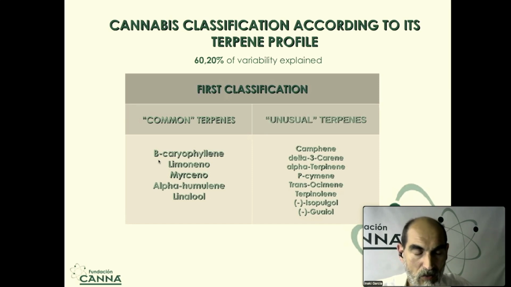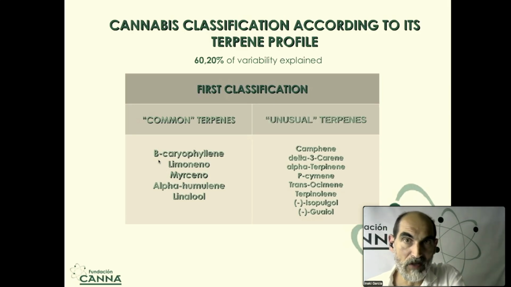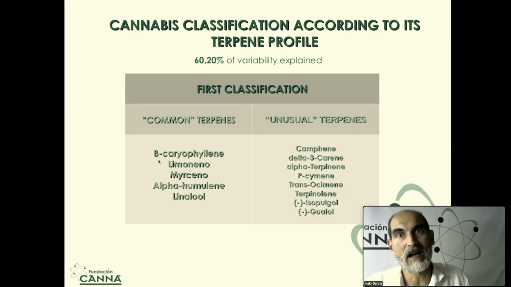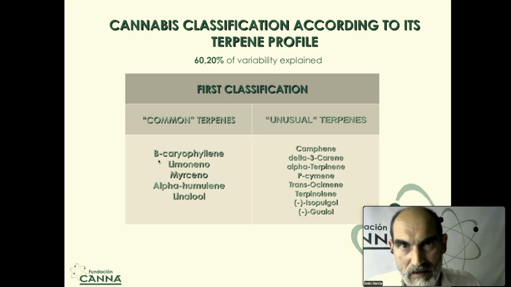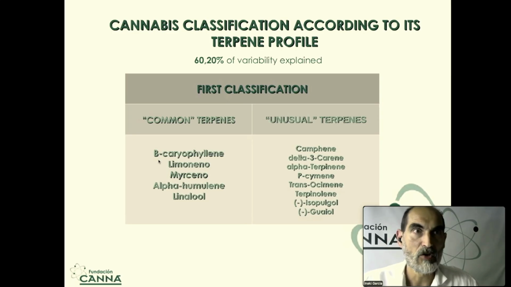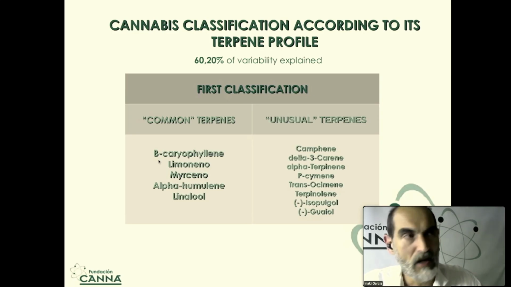The plants could be classified into plants that have very common terpenes, meaning terpenes that are usually always present in the samples, in the plants. These are the common terpenes that I think everybody knows, like beta-caryophyllene, limonene, myrcene, alpha-humulene, okay? And other plants that contain unusual or not very common terpenes, terpenes that are not usually found in all the samples.